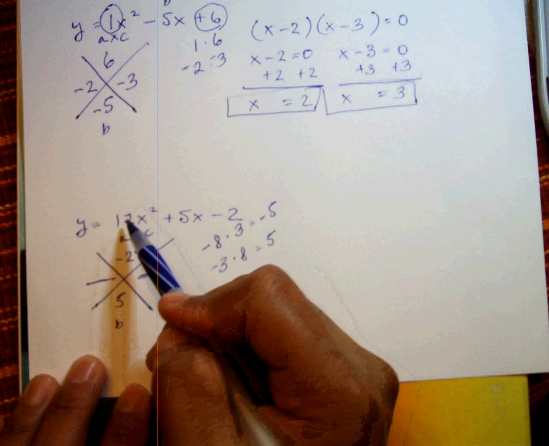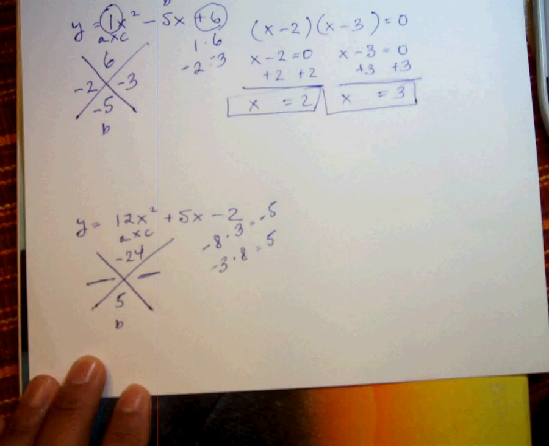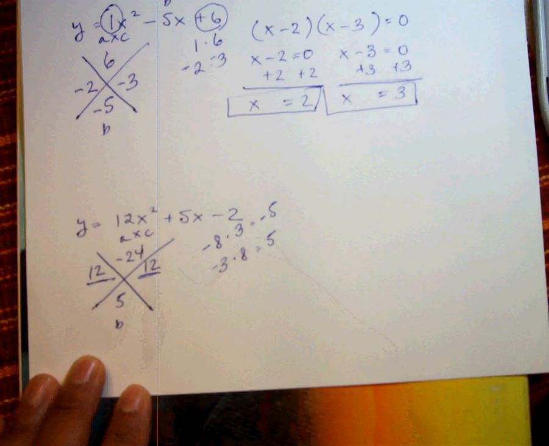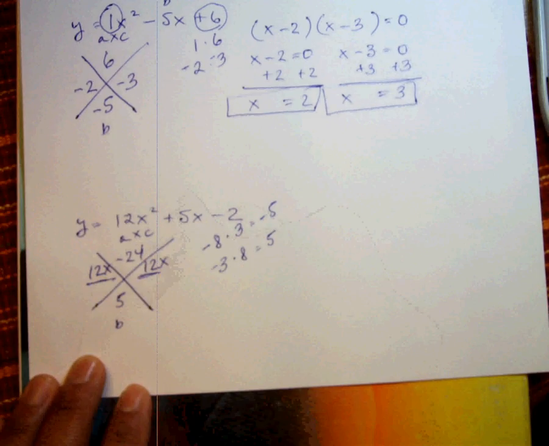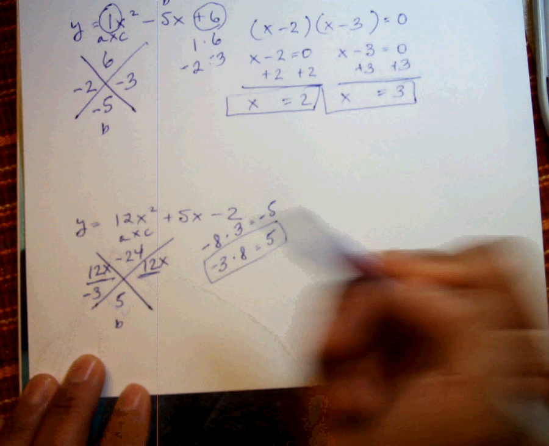What do you think the number will go on the top, the numerator part? 12. Okay, 12x on the top. Then I know this works, so I'll put negative 3 and then 8.